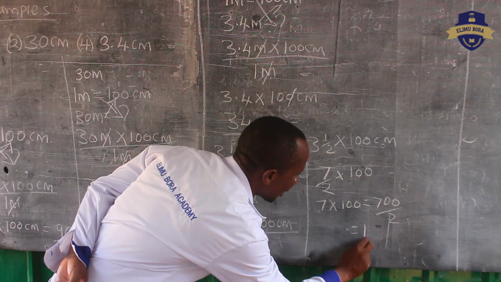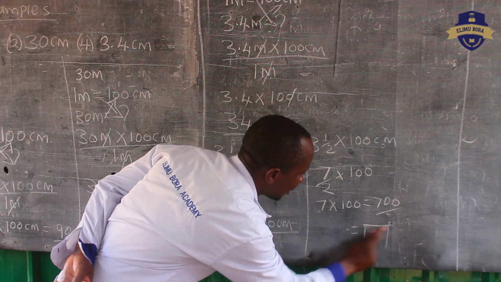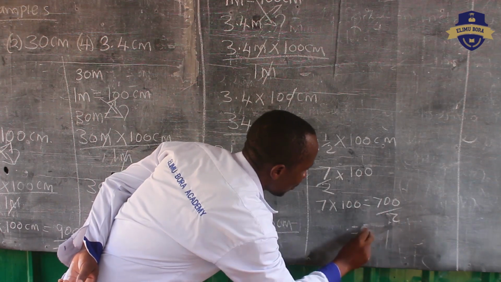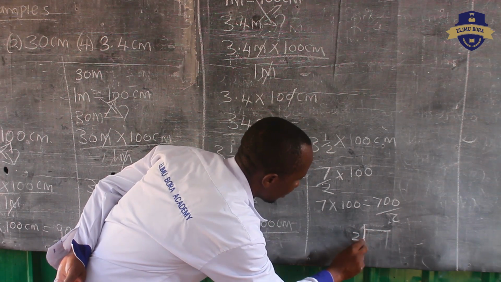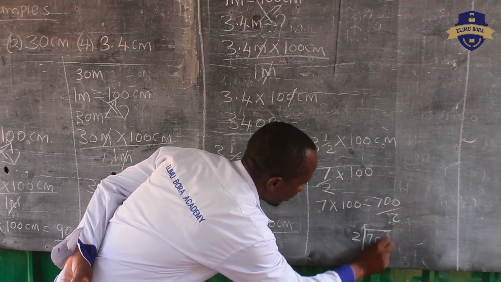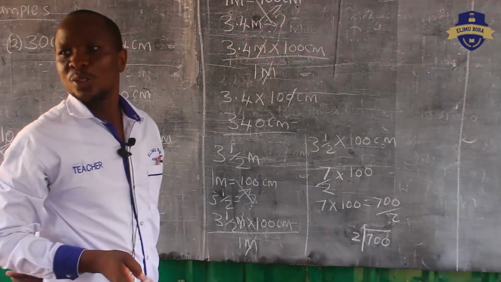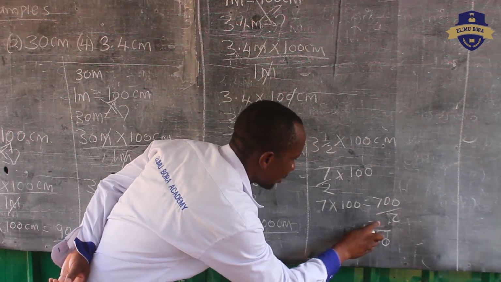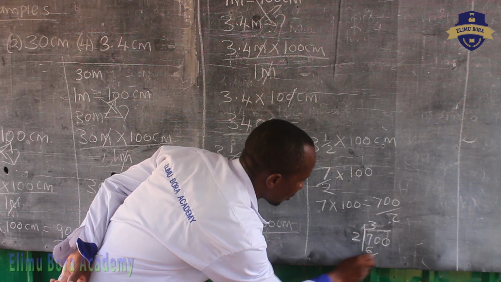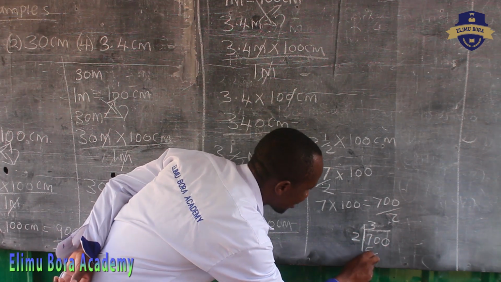700 divided by 2, we can use the long division method. 7 divided by 2? 3. 3 times 2? 6. 7 minus 6? 1.